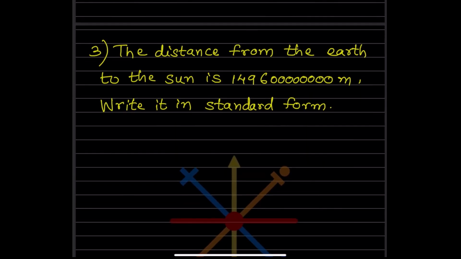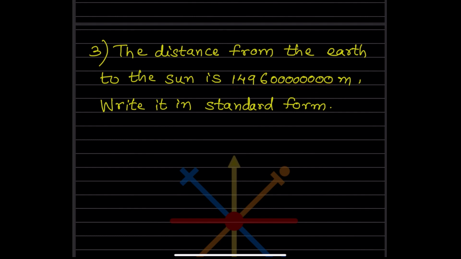Now the distance from the earth to the sun is, here it's given. After that, how many zeros we have? 1, 2, 3, 4, 5, 6, 7, 8. 8 zeros. So how are we going to write here?